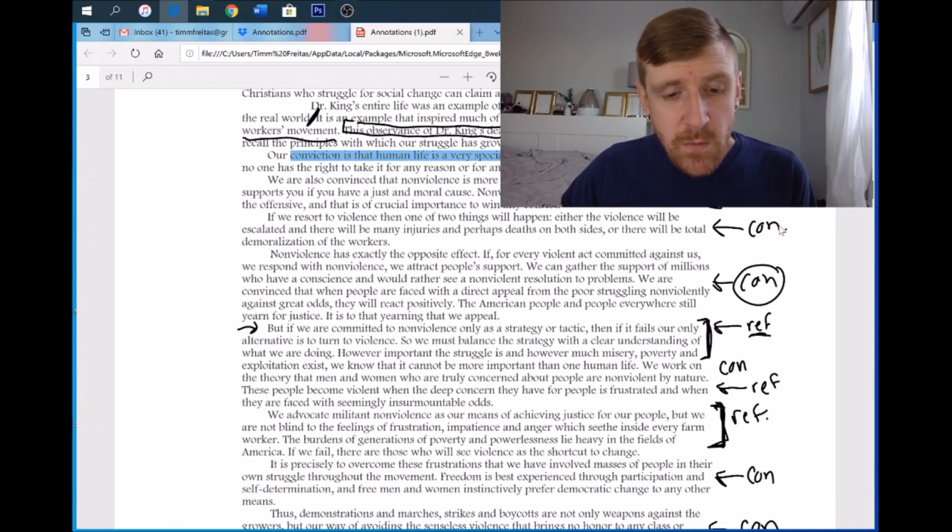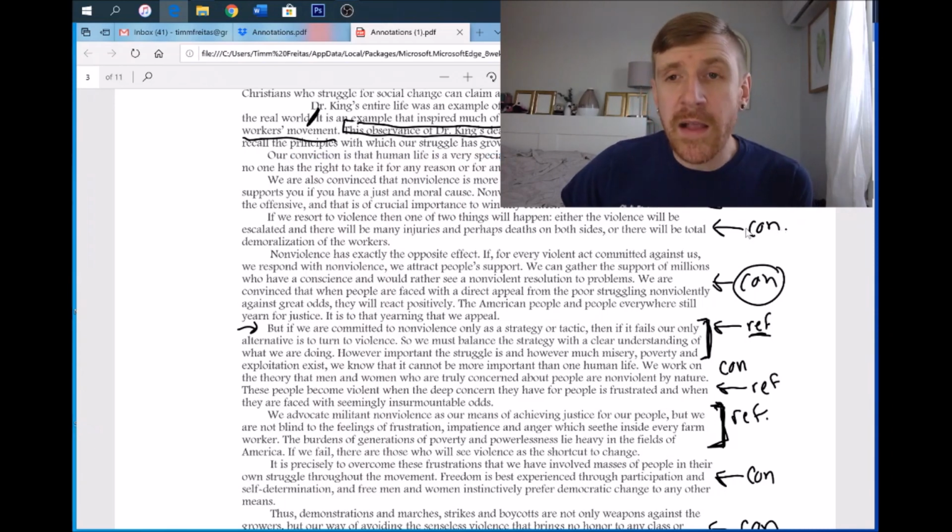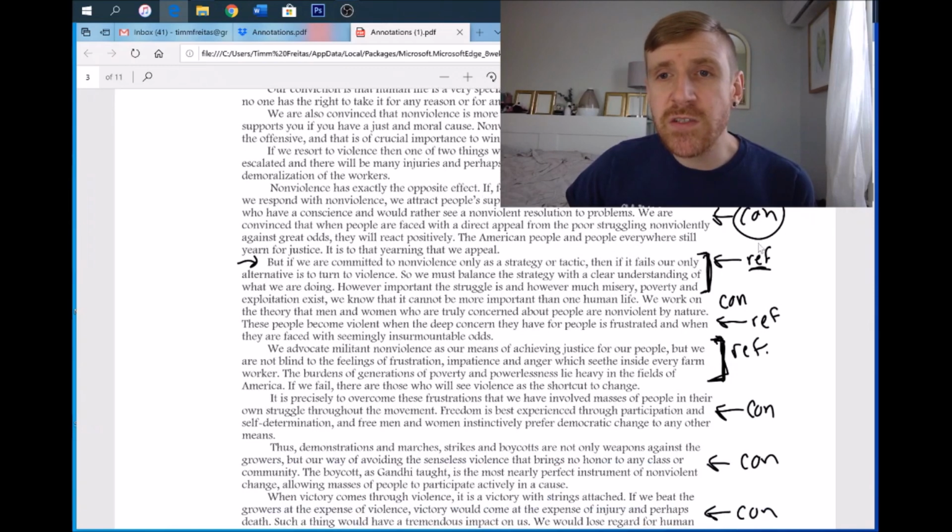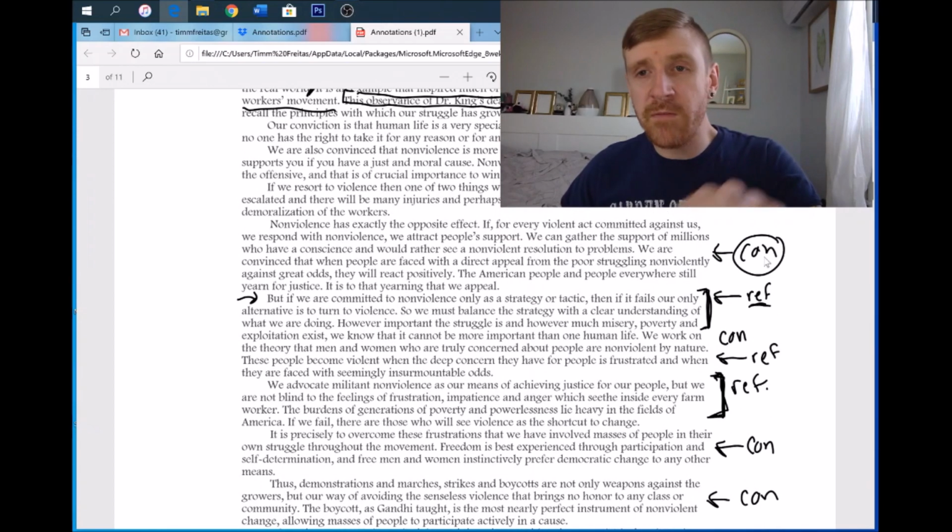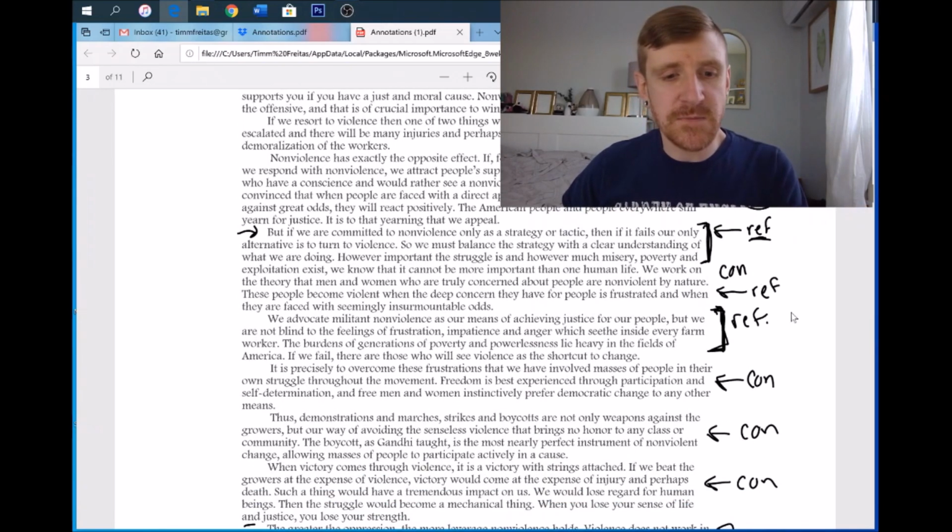But as we continue, if we start with this first part, I can say in his confirmation, he does this in order to legitimize the positive outcomes of nonviolent protest. When we get into this part down here, where we have refutation, I could say he refutes those who are frustrated with nonviolent action in this part of the text.